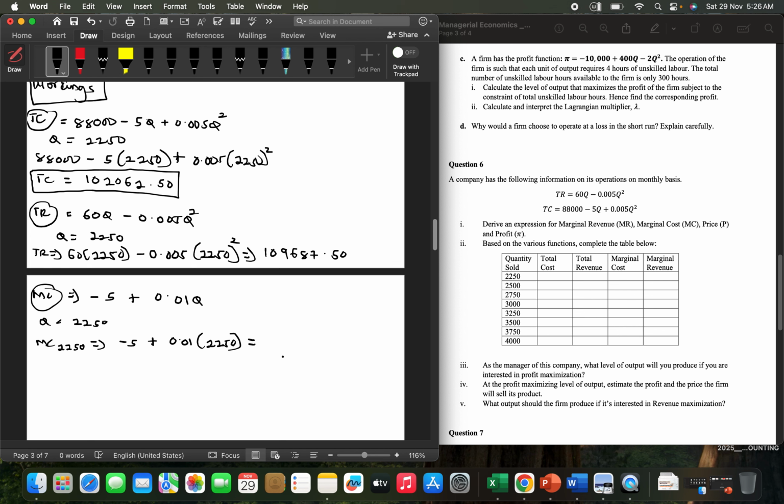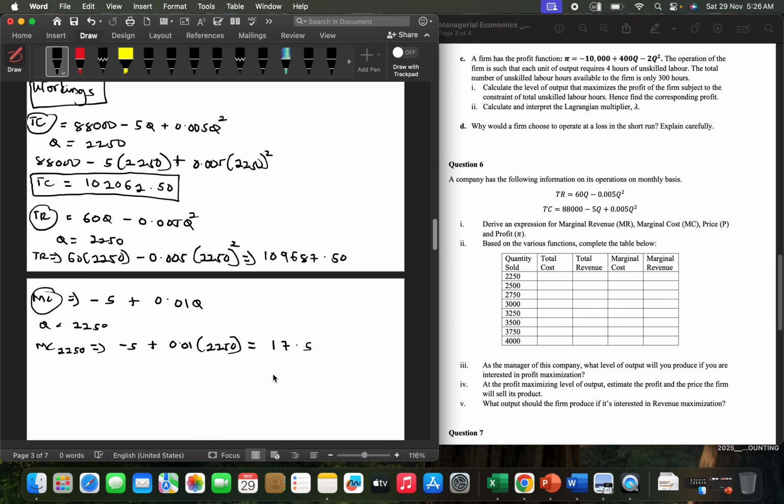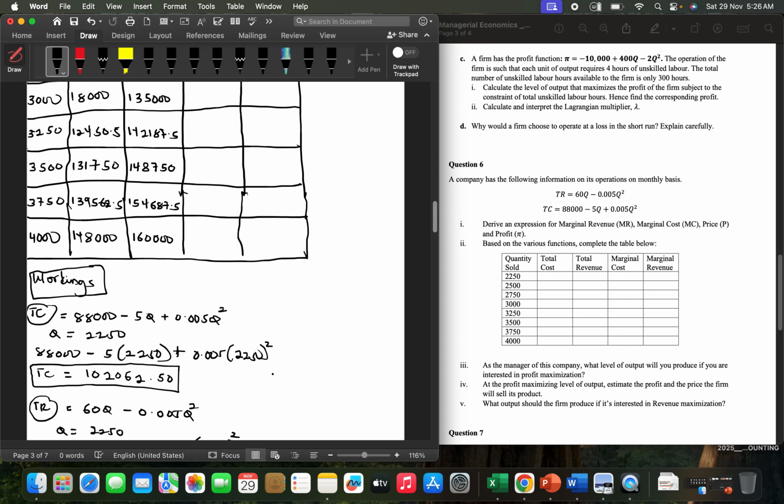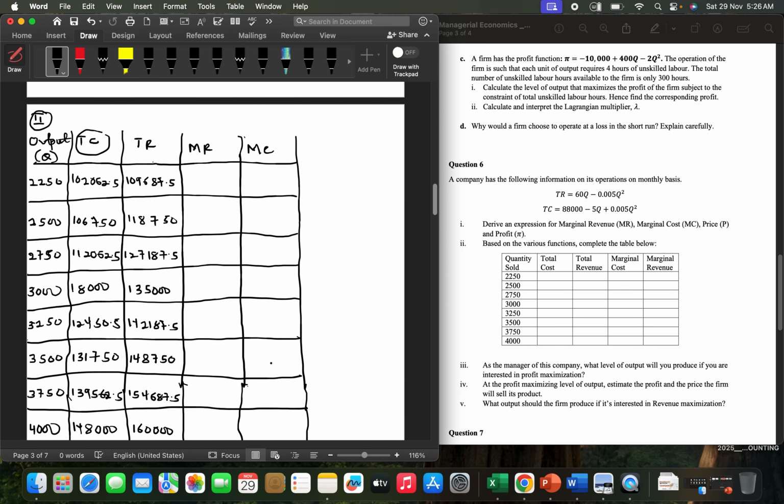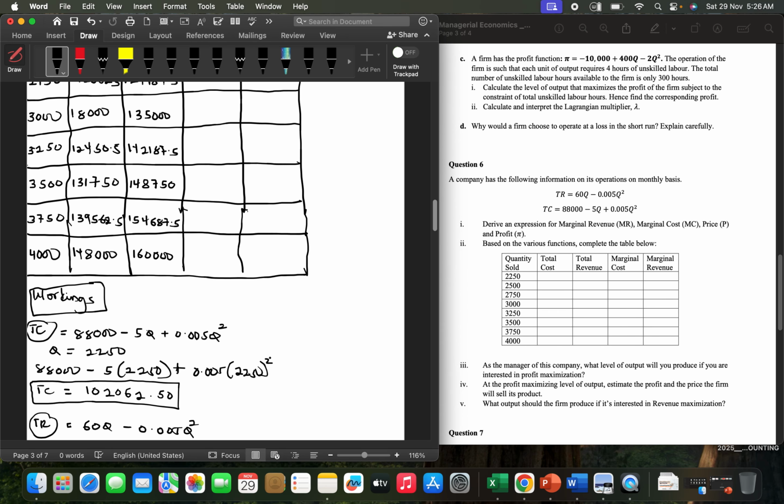That would give us 17.5. So you pick the various outputs and follow the same format to continue solving everything for the marginal cost. Just come to the table and solve it.